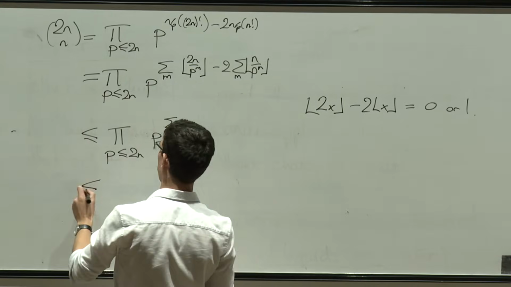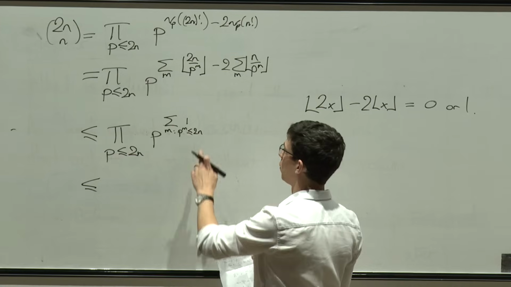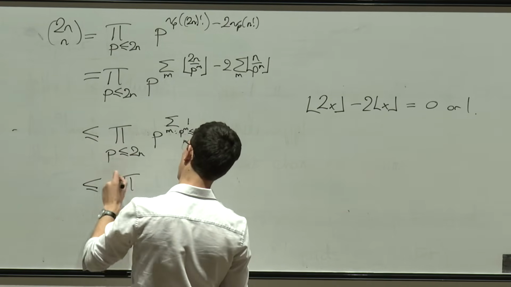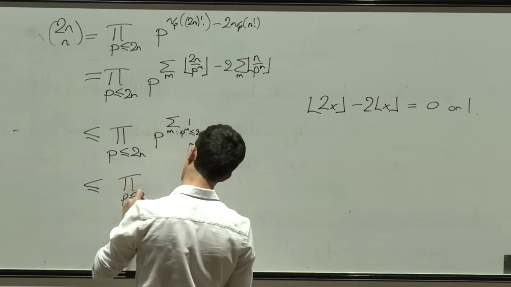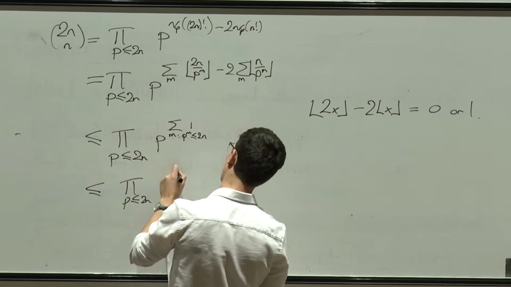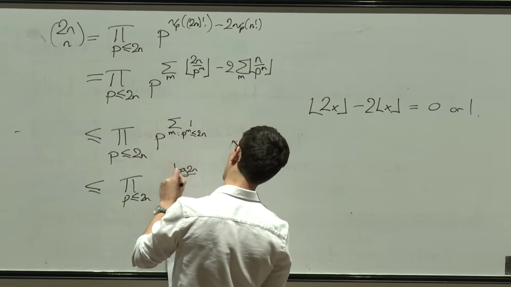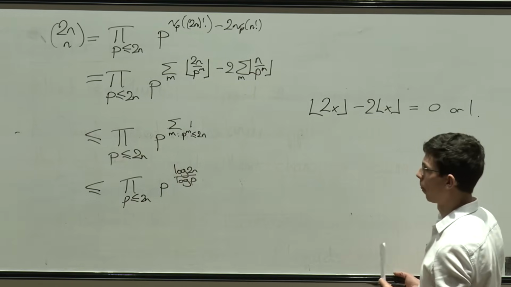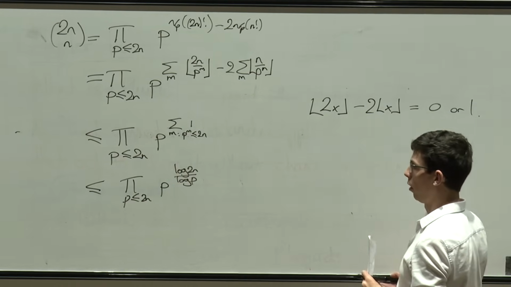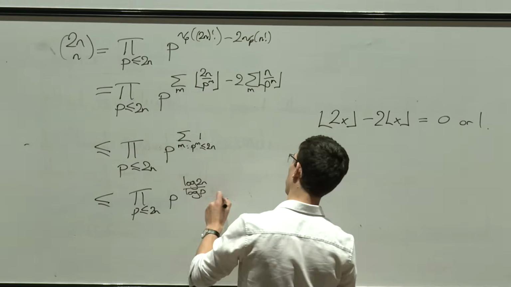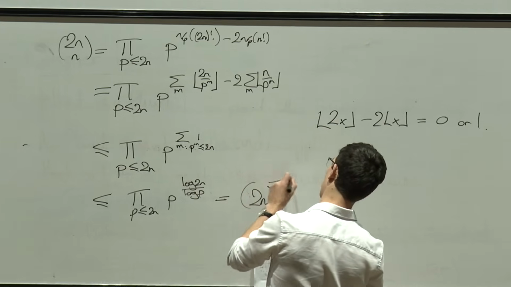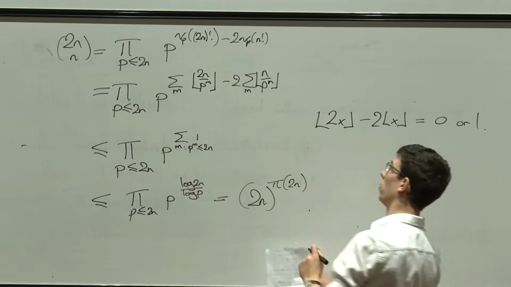And the number of such integers m is at most log 2n divided by log p. And this is just equal to 2n to the number of primes less than 2n.